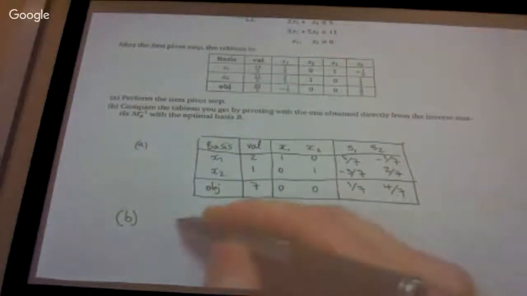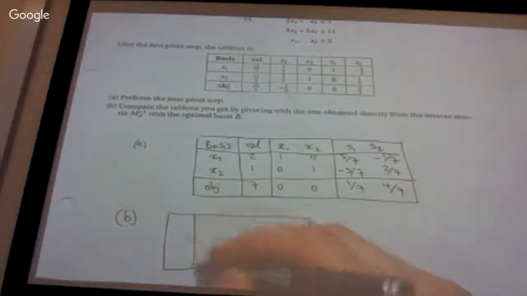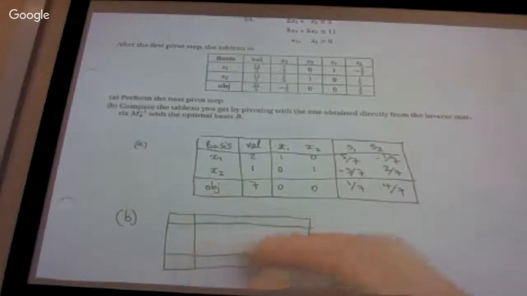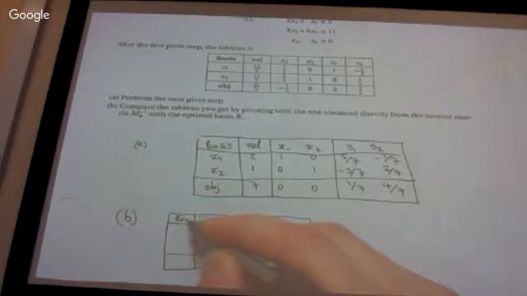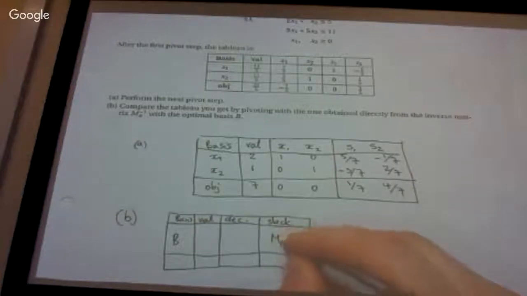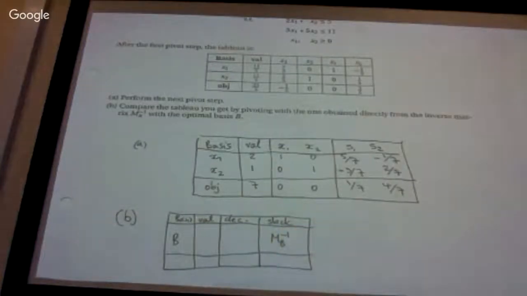From what we did last week, we should know that if the basis is B, then, and these are the slack variables, and these are the decision variables, this was what we call MB inverse.